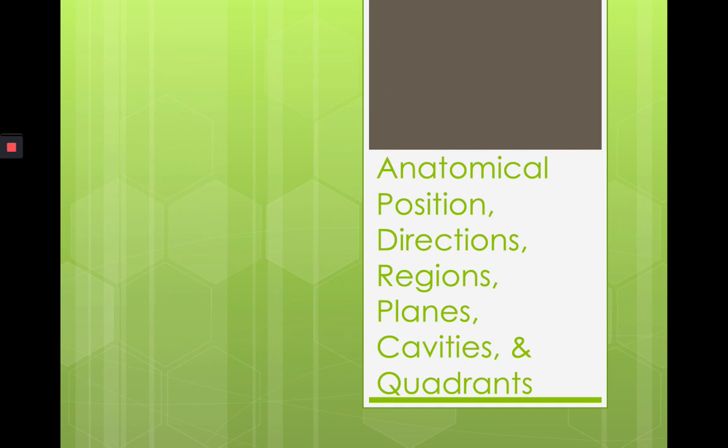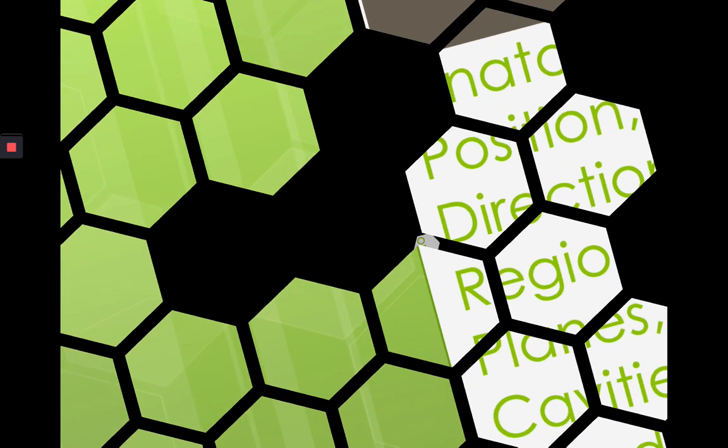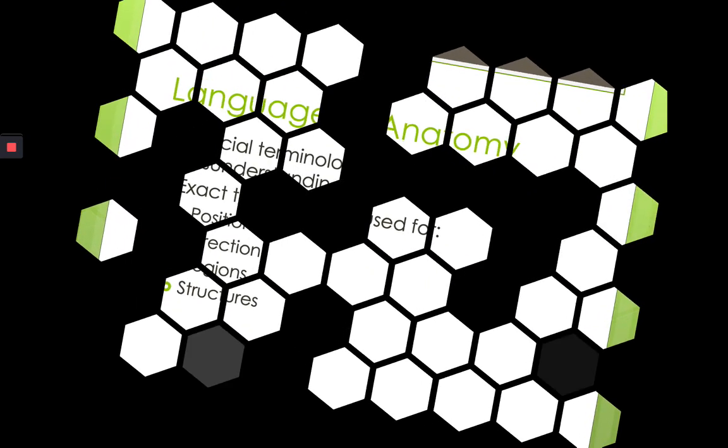And so we're moving on to a new topic today, and that is anatomical positions, directions, regions, planes, cavities, and quadrants. Yes, this is quite a bit of information in this little topic area, but necessary.